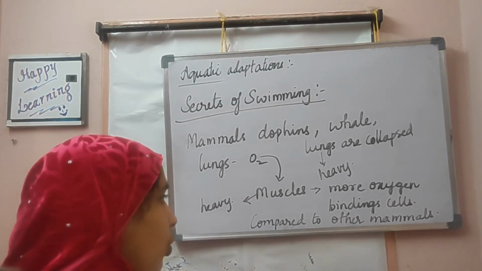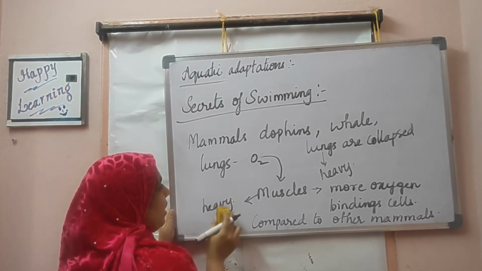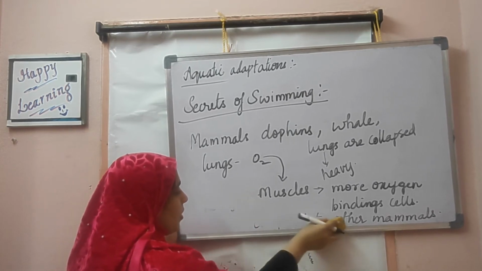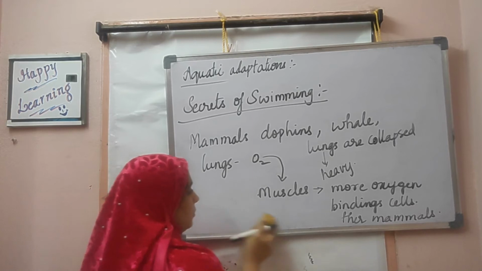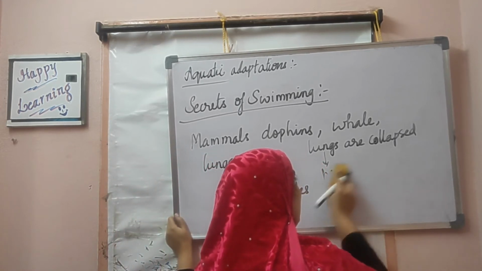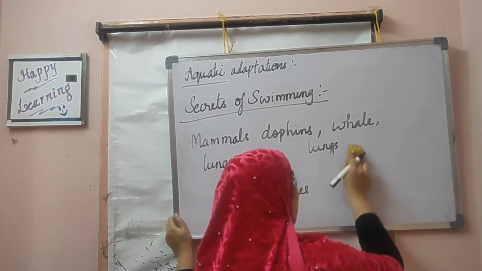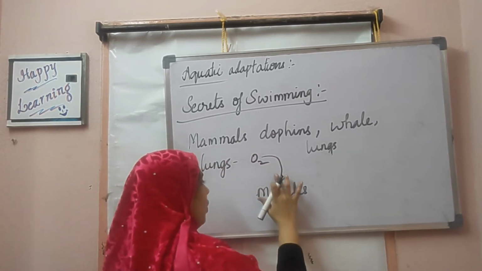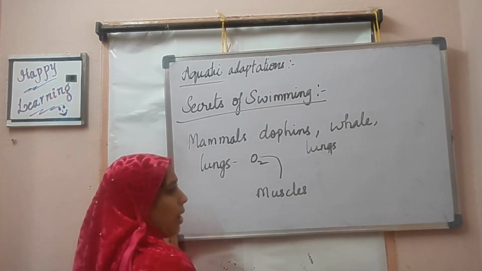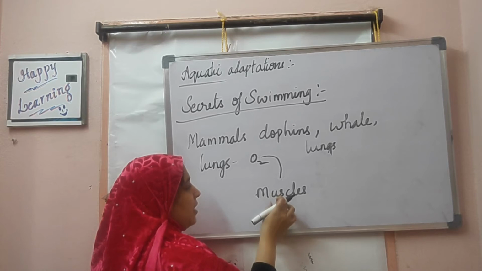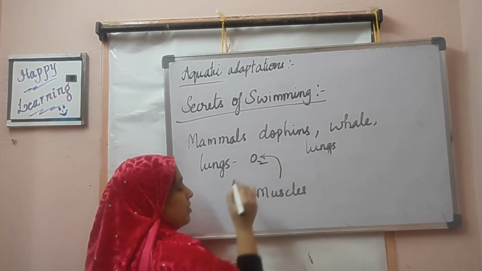Now, if they want to come back to the surface, what do they do? Now muscles have more oxygen and lungs have less oxygen. What is a dolphin or whale doing when it has to come out from the deeper layers? All the oxygen that is present in the muscles is shifted to the lungs.